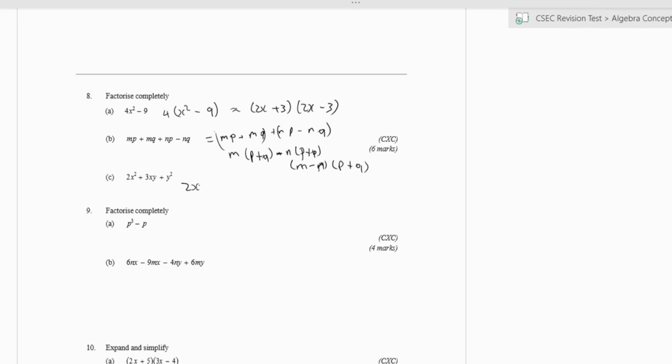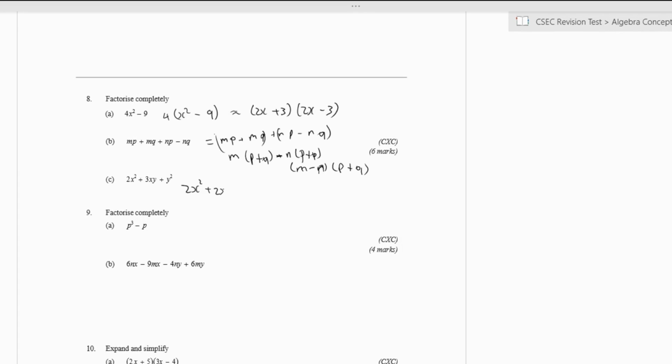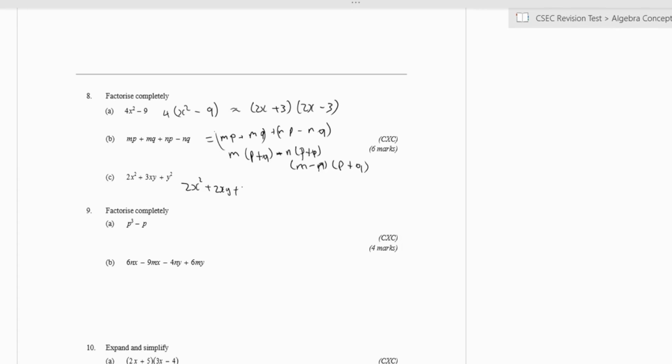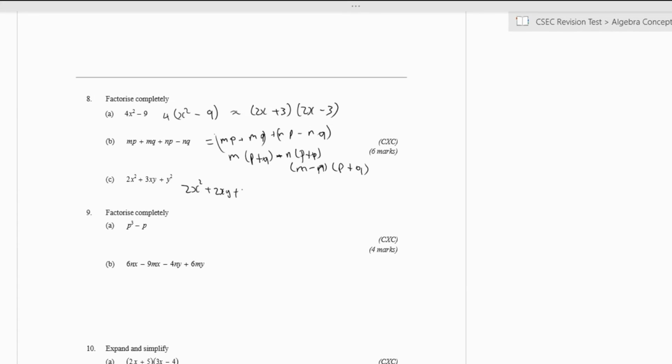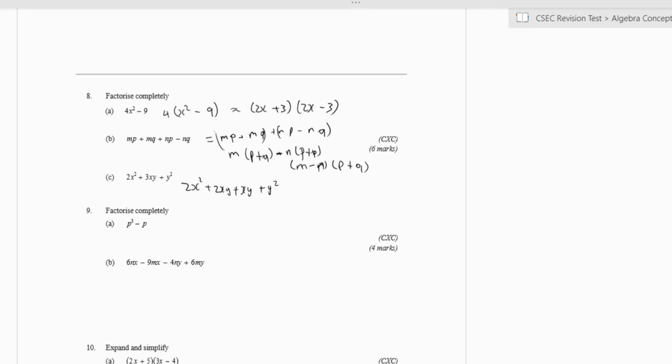So it's 2x squared plus 2xy plus xy plus y squared. 2 times 1 will give us 2, and 2 plus 1 will give us 3. Now let's factorize.